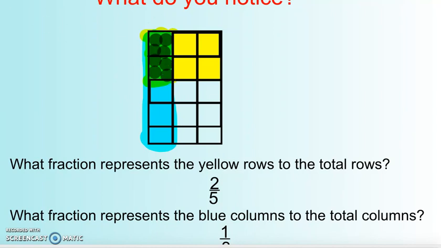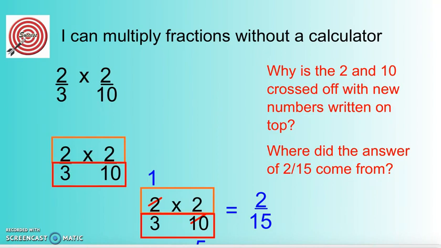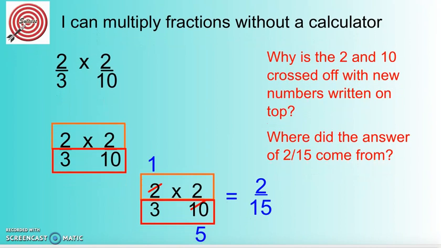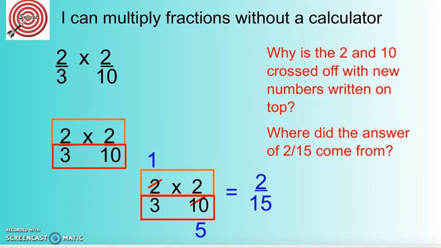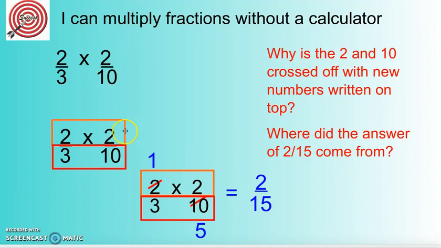Okay, and so today we're going to be looking at different problems, such as this one. And I want you to notice, what are some things that I am doing? First of all, why am I putting an orange box around the numerators and a red box around the denominators? And then what is happening?